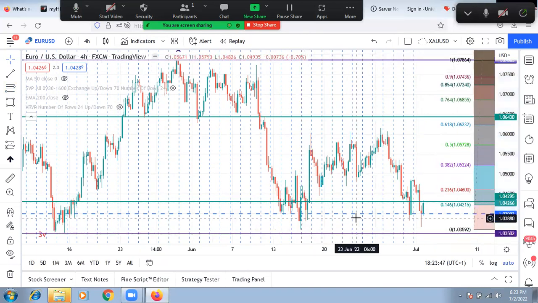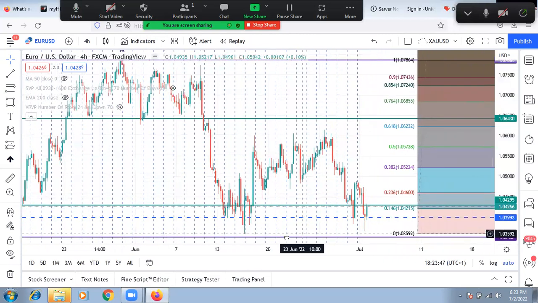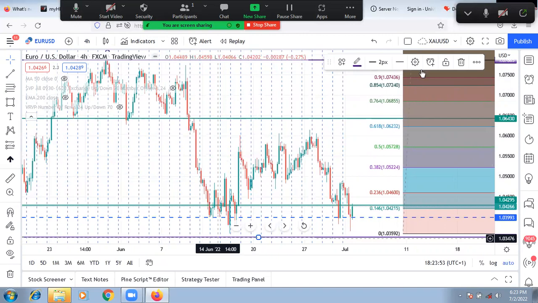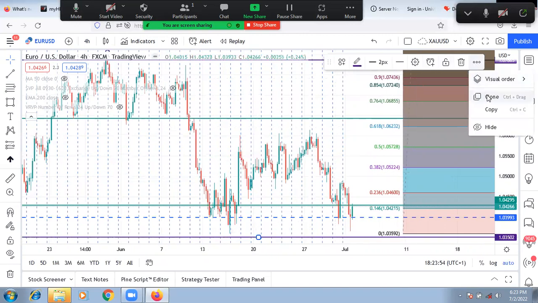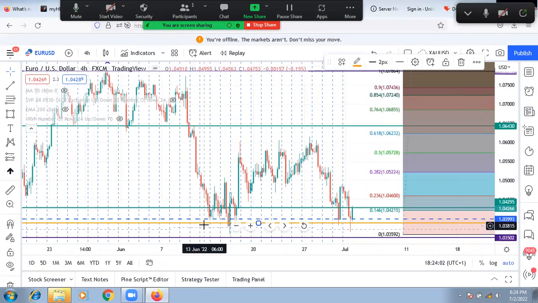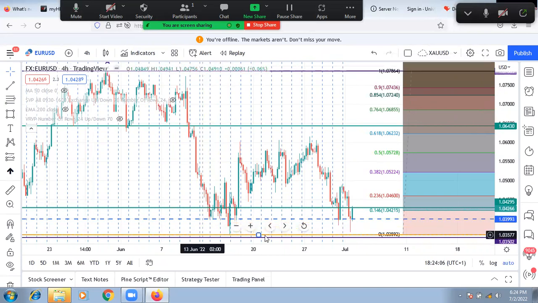Which is at this bit here. Let me mark that bit for you to see with another color code. This level here, okay?